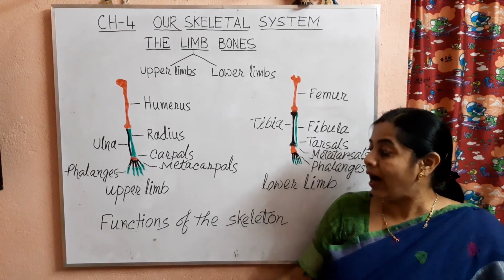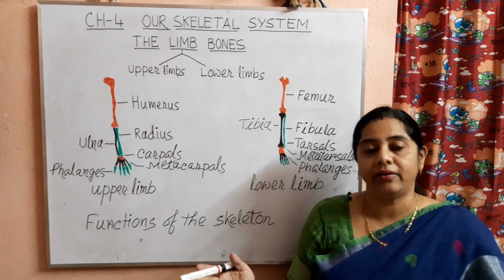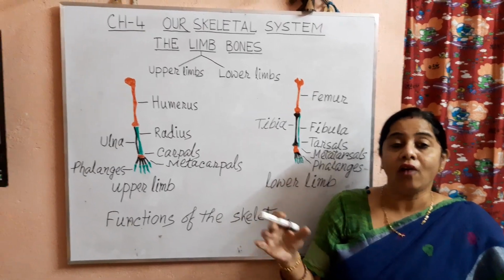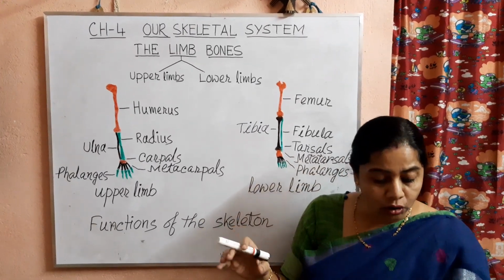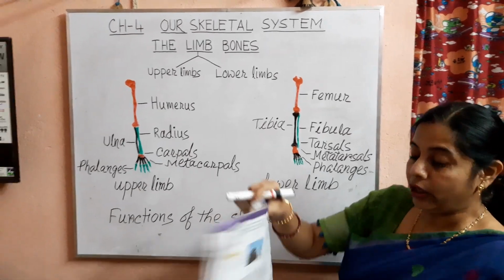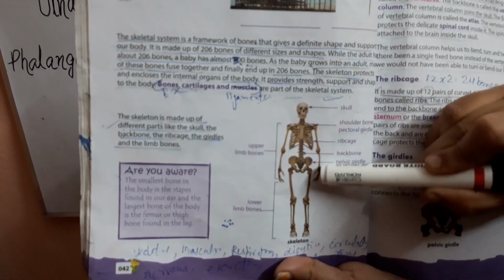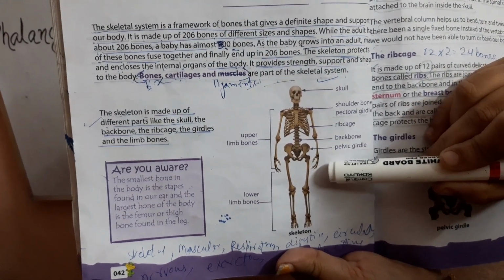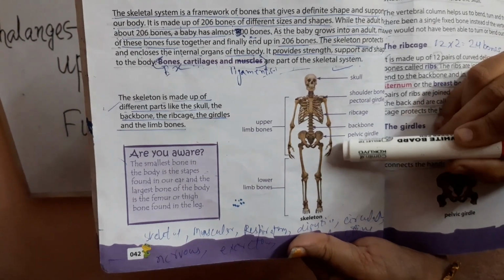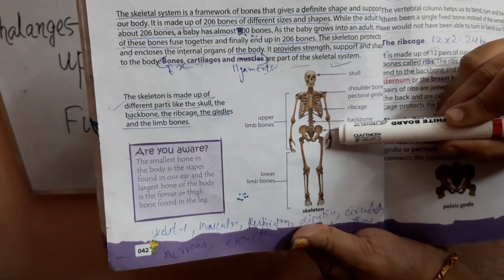Now children, come to the functions of the skeleton. We have already completed the discussion of the different parts of the skeletal system. I want to show you one thing. You can see here students, this is the leg bone or the lower limb. The femur bone or the thigh bone of the lower limb is also connected to the hip girdle or the pelvic girdle.